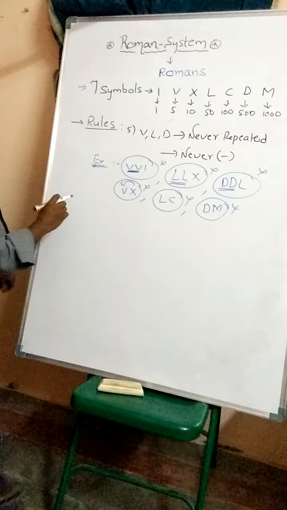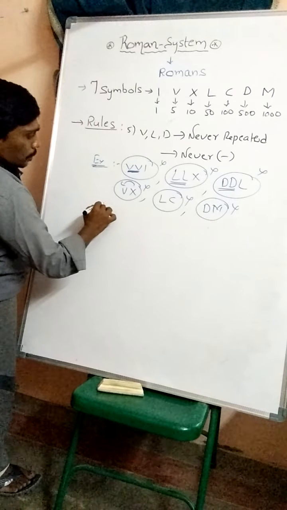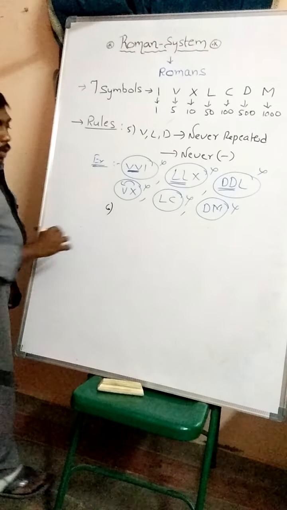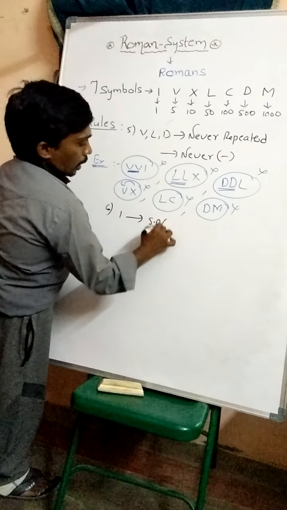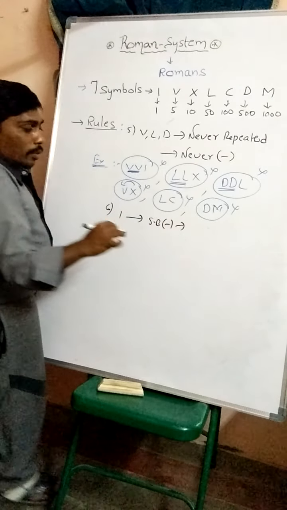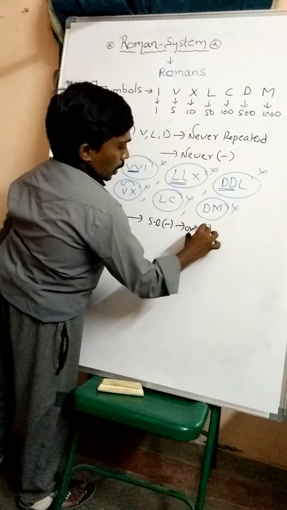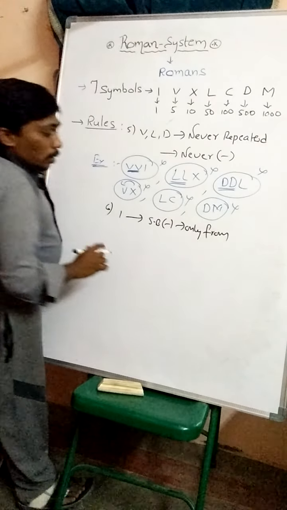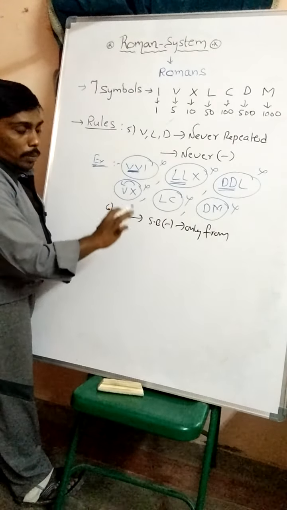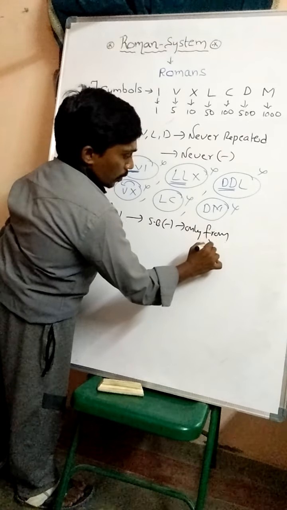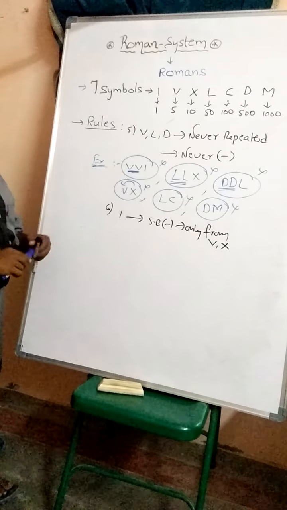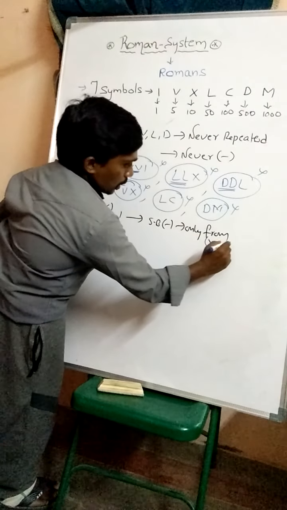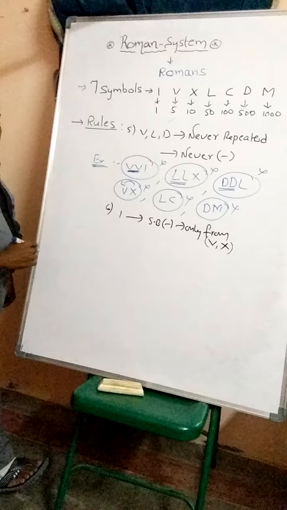Afterwards, the sixth point. The symbol I is subtracted only from V and X. Remember, I is subtracted only from V and X only.